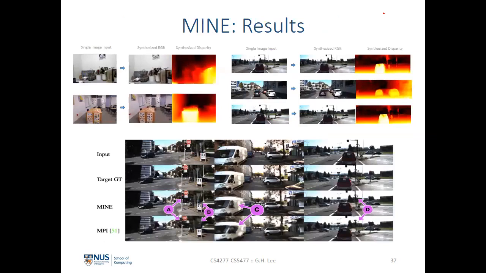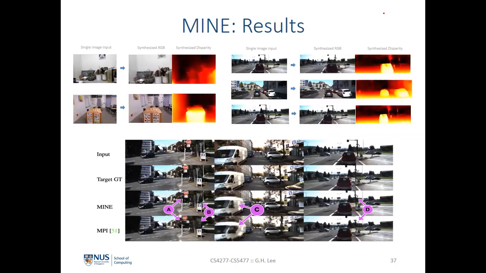And here are some results that we get. You can see that compared to MPI, because MPI has that quantization error, as I mentioned, that along the planes there are gaps in between, ours is continuous. That means you can sample densely along the ray and render it into the target view.